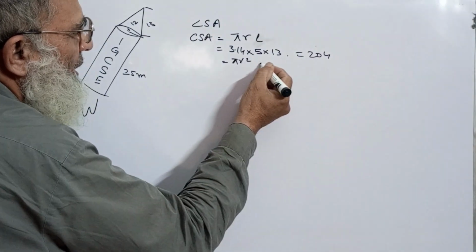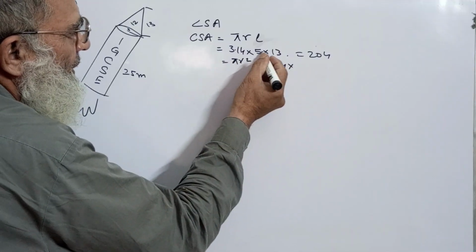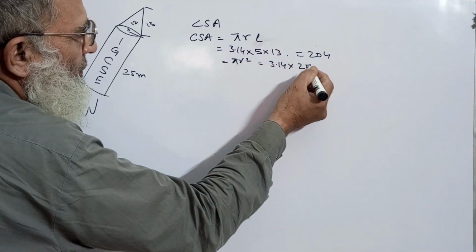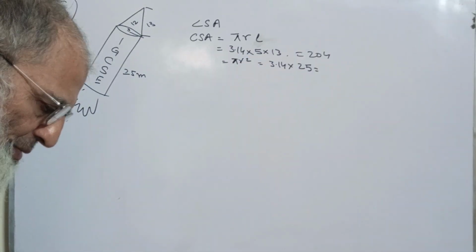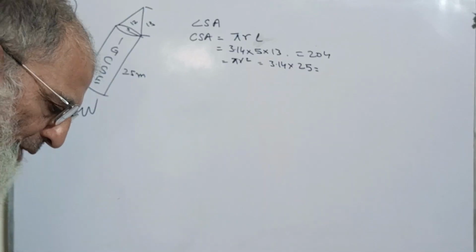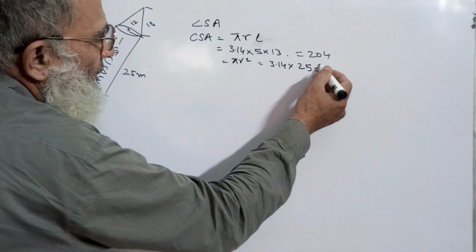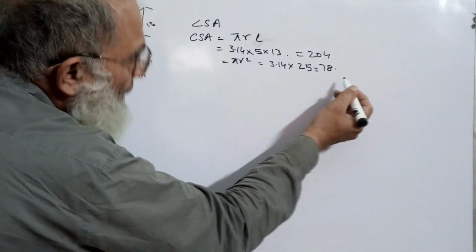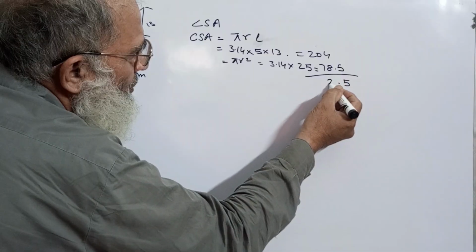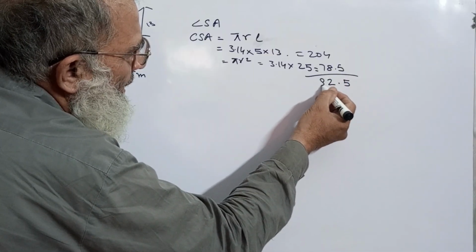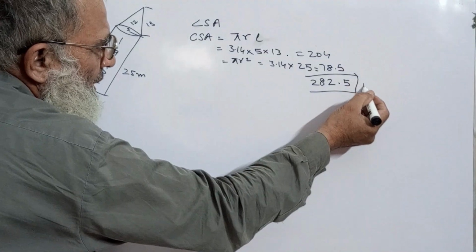And pi r squared becomes 3.14 multiplied by 25, which is 78.5. The total is 282.5 meter square.